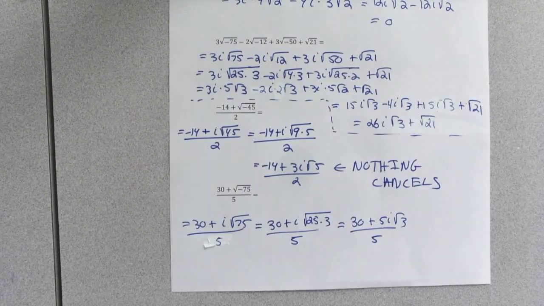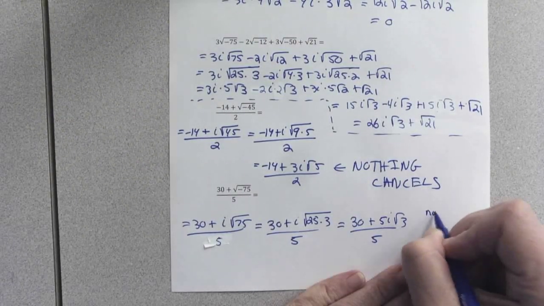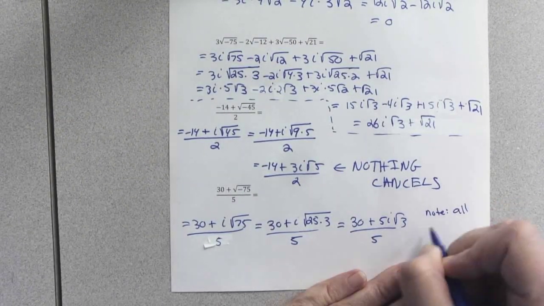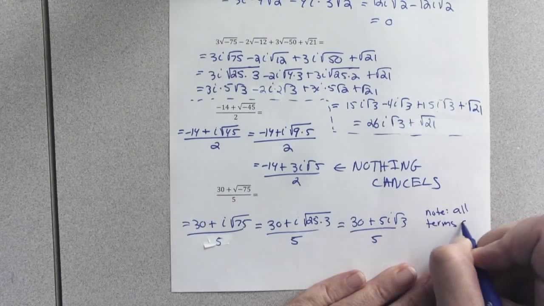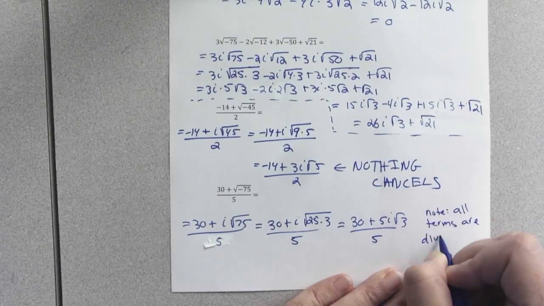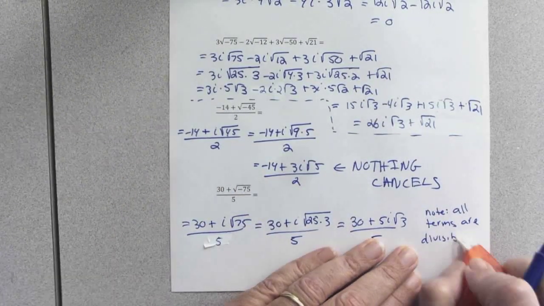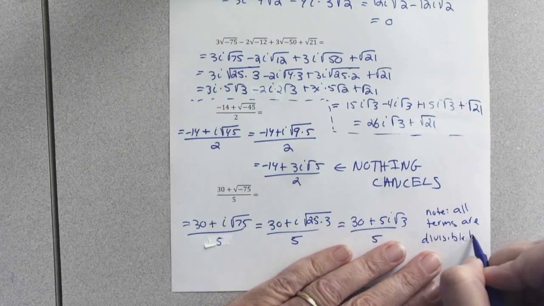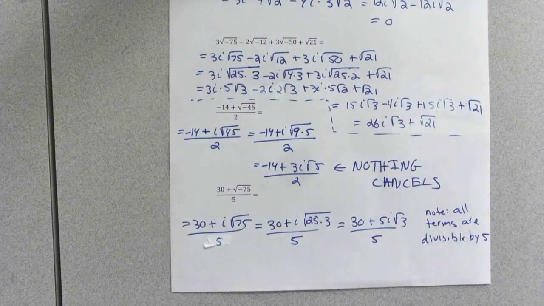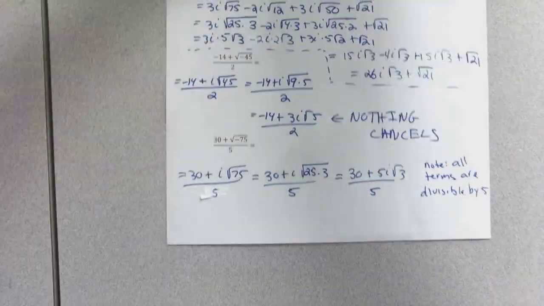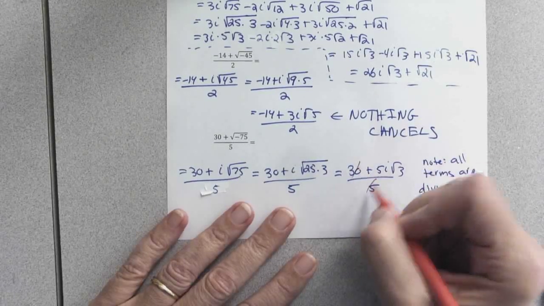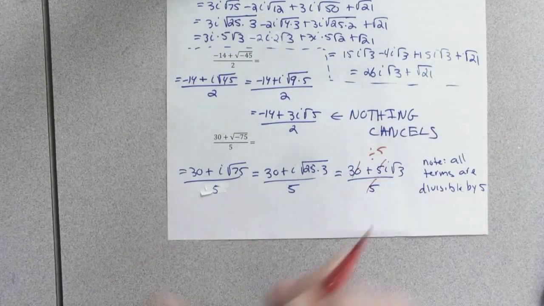And now we can note that all terms are divisible by 5, so I can do that. I can divide everybody by 5.